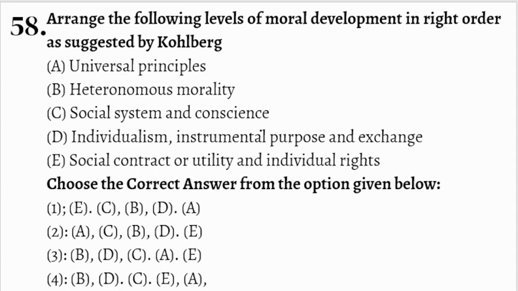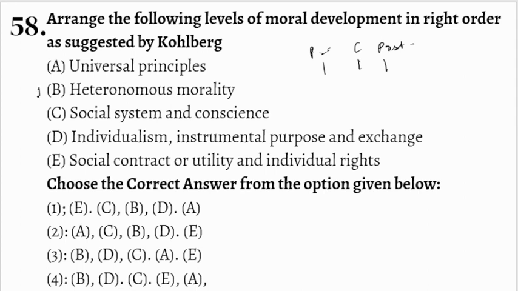Take care. Okay, so question number 58 talked about the levels of moral development. We know that we have pre-conventional, conventional, and post-conventional, and among them there are two levels each, right? Initially there would be heteronomous morality. There would be pre-morality. The person would not be as moral as they should be.